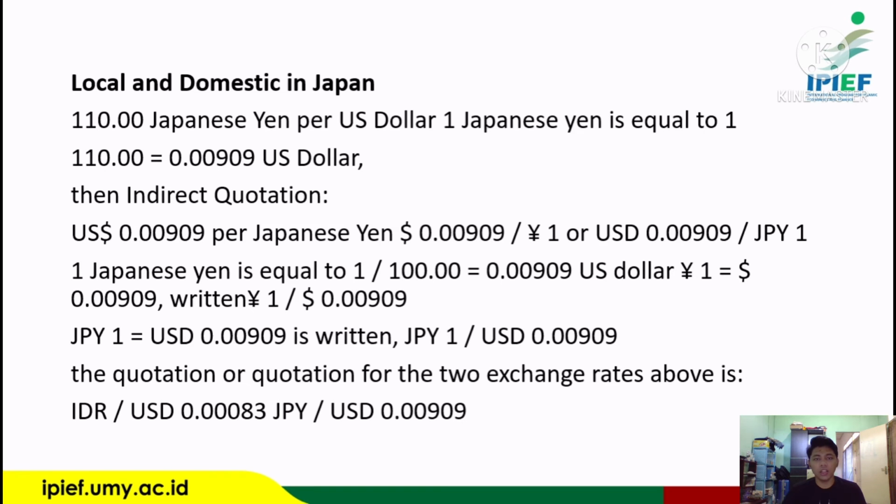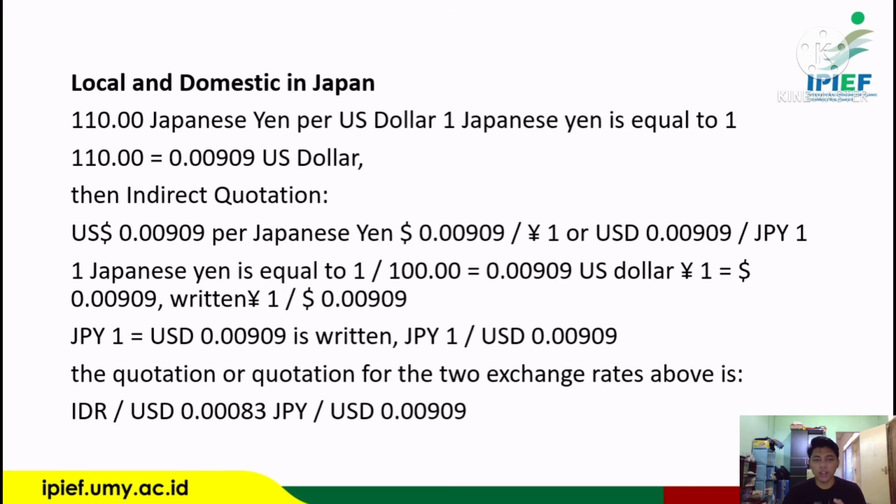For Japan, as we know, 110 Japanese yen is equal to 1 US dollar. Then we make the indirect quotation, which is 0.00909 US dollar per Japanese yen.